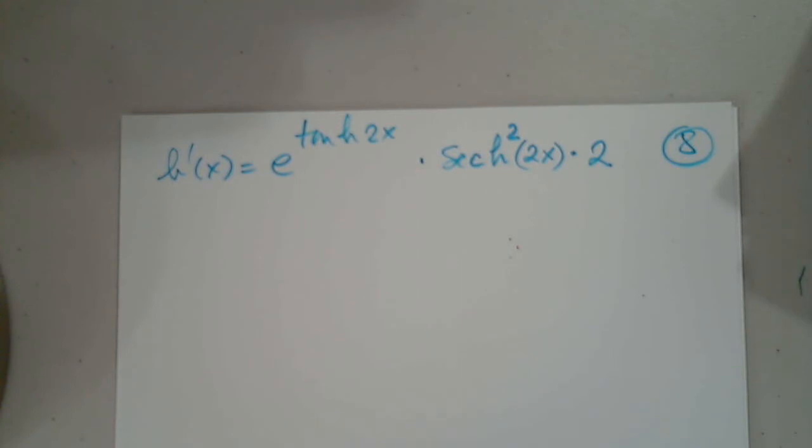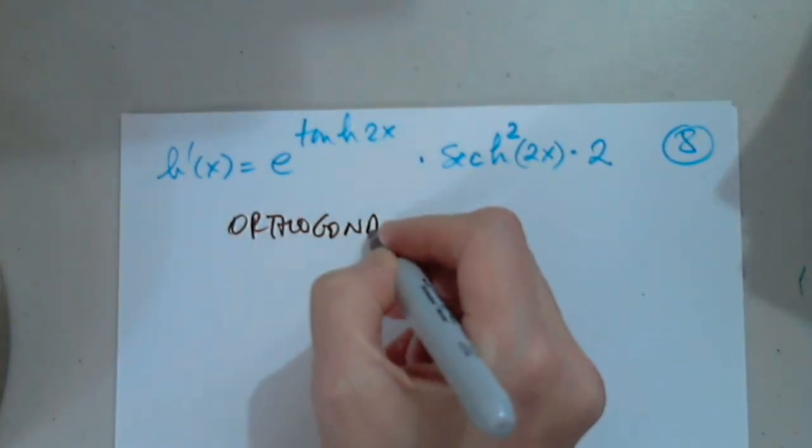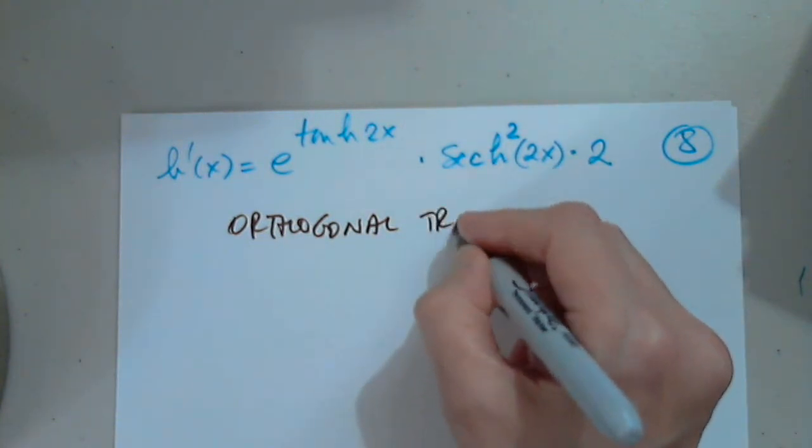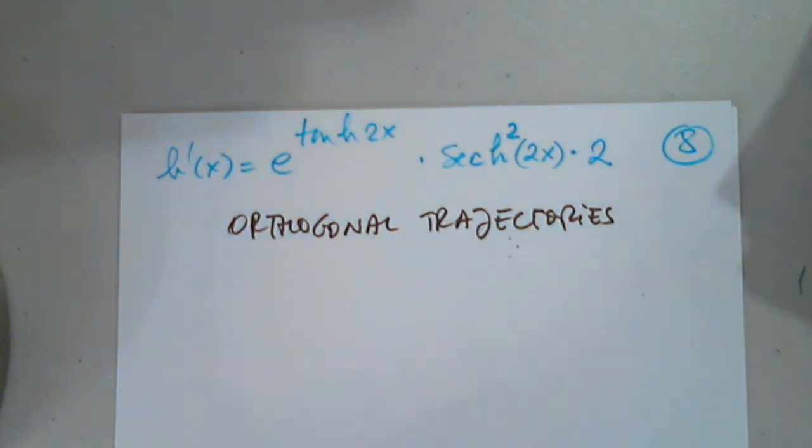And I would like to talk about orthogonal trajectories. One example. Where are they? Right here. Orthogonal trajectories. We're going to choose an example, and then I'll come back.